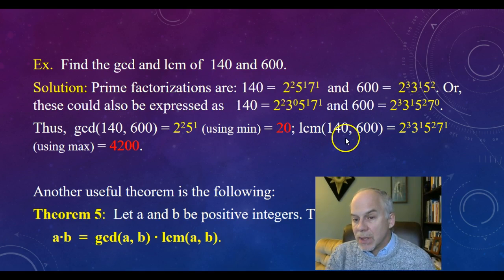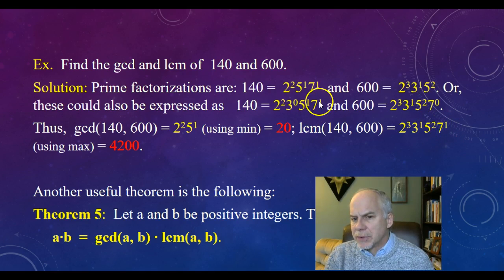The LCM, we take the maximum of the exponents. So the 2 to the third power, because 3 is the maximum power on the 2. 3 to the first power, because 1 is the maximum exponent on the 3. Over here we have 3 to the 0. And then 5 to the second power, because 2 is the highest power on the 5.